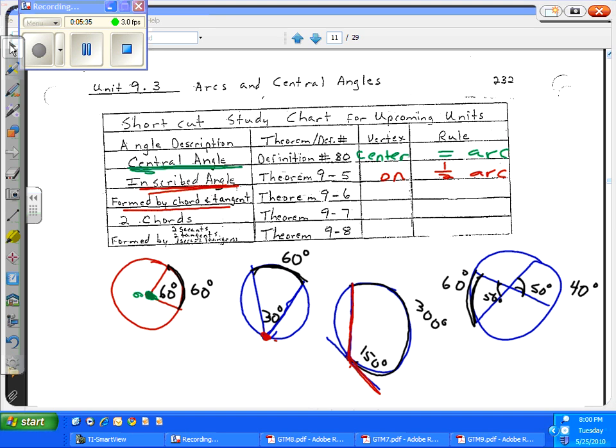Notice that when we have an angle formed by a chord and a tangent, the vertex is also on the circle, and the angle is also 1/2 the arc. So an angle formed by a chord and a tangent has a vertex on the circle, and it's also 1/2 the arc.